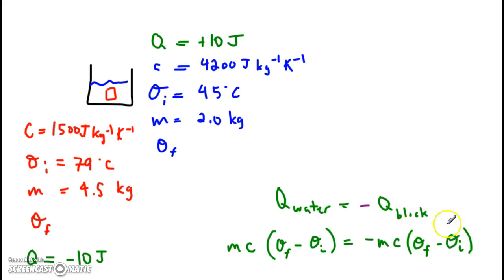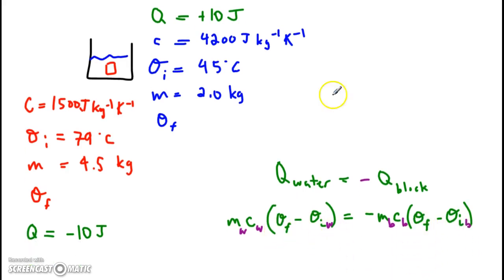Remember, everything on the right side is for the block, everything on the left side is for water, so I should put subscripts here: the water's initial temperature, and the block's initial temperature. They have the same final temperature, so I don't distinguish.